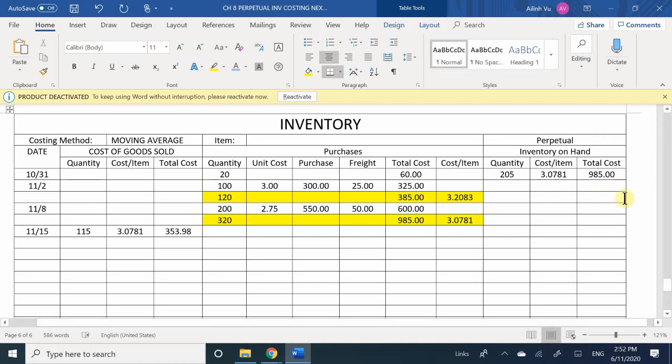What is $985 minus our $353.98? It's 631 and 2 cents.